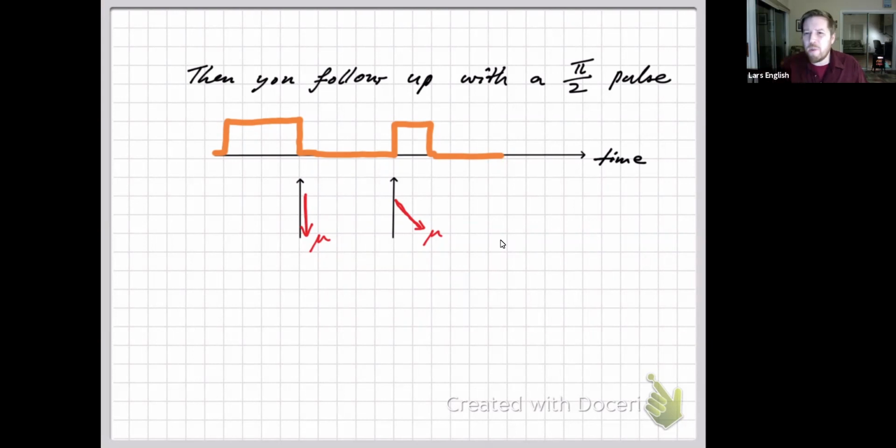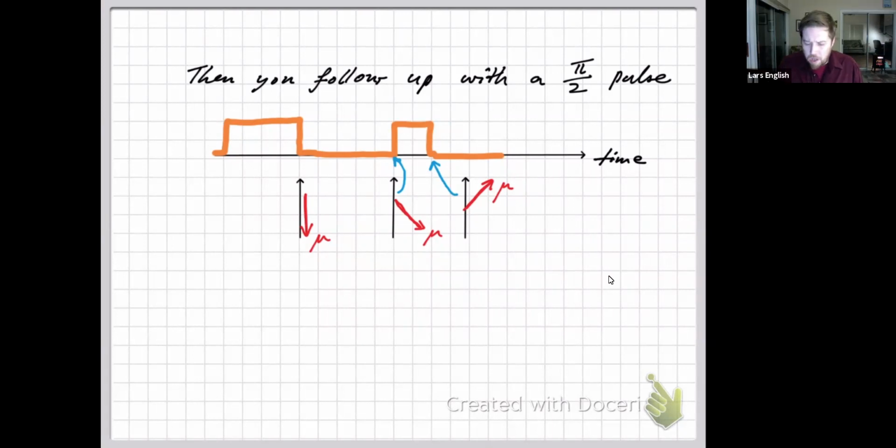But now we're hitting it with the pi/2 pulse. So what happens there? Well, we get a further rotation, and here by 90 degrees. So if this is what I've tried to indicate here, if this is sort of pointing diagonally down, then this is probably going to be pointing diagonally up after the pi/2 pulse.